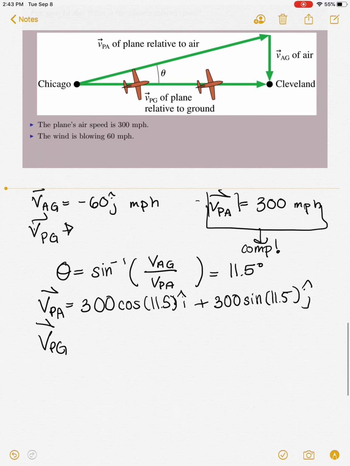So if I want to find VPG, I'll use the same resultant as I got before, which is going to be VPA plus VAG. Only now I have an X and Y component for VPA.